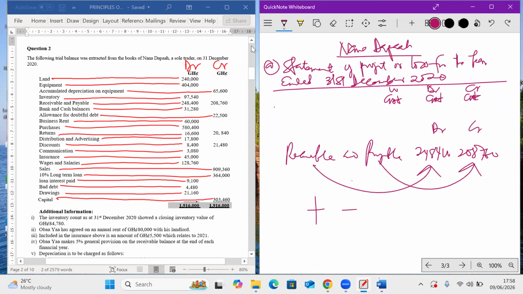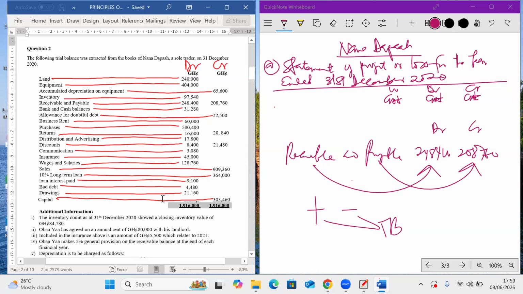You either add what's in the additional information to, or subtract it from, what is in the trial balance. Are we good?